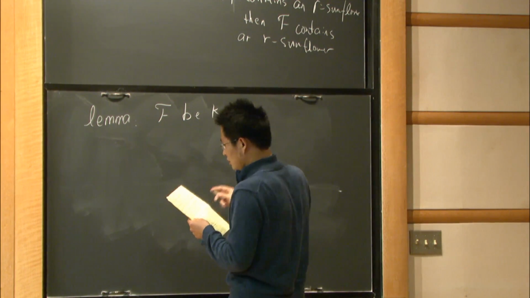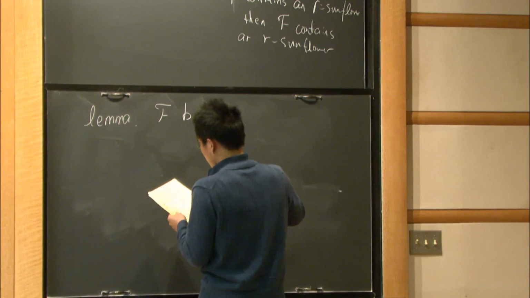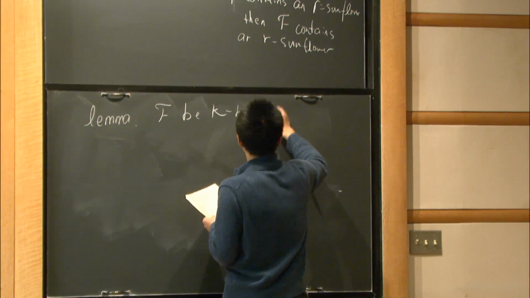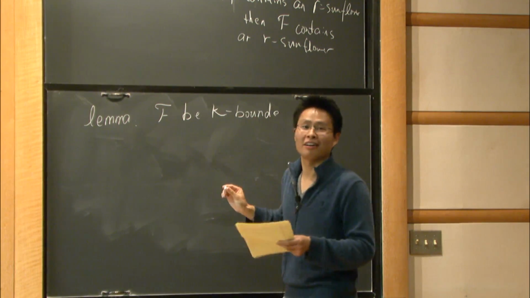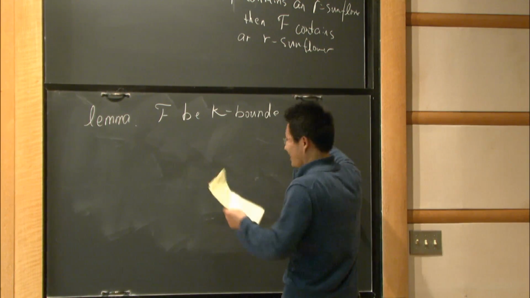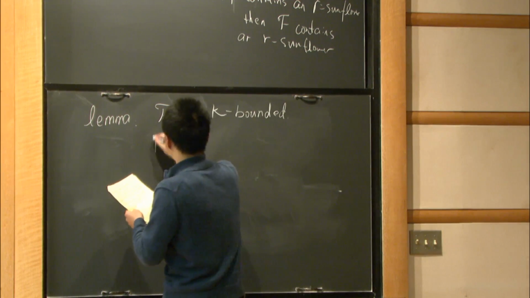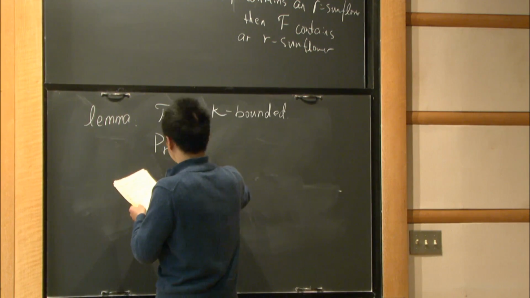But sometimes in the set system, there's actually no big difference whether R is equal to 3 or 4.